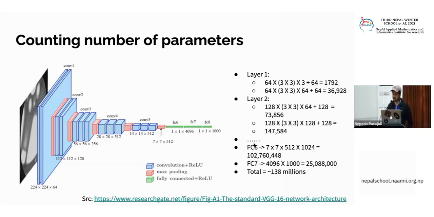And now let's just look at fully connected 6, right? It gets flattened, but look at this, the number of parameters, 7x7 times 512. That's what you get from flattening, times 1024. I mean, this is crazy, 102 millions.